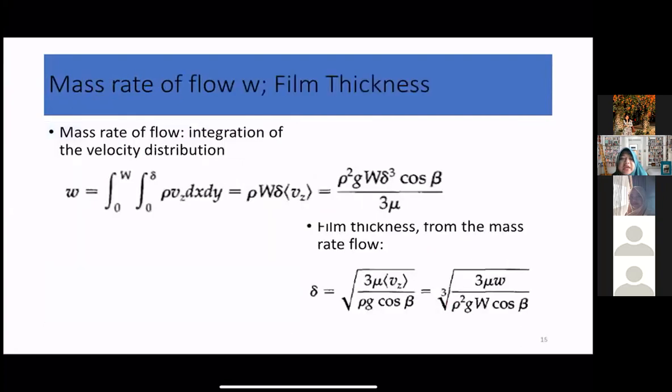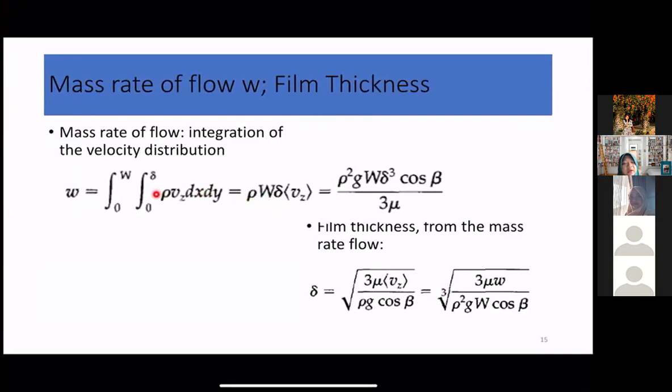Okay, another implication: if we integrate that with the rho, we can also get the mass flow rate. Integrating the velocity distribution and multiplying with the rho here.